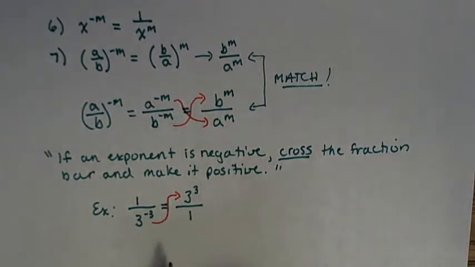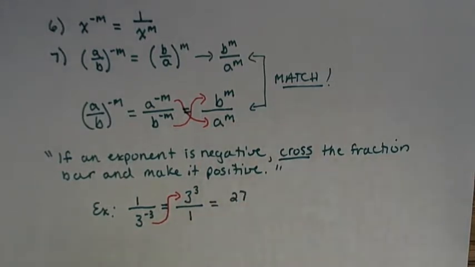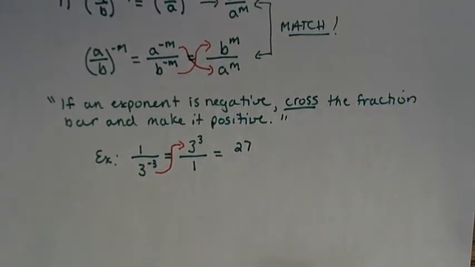Now that would leave a 1 in the bottom because I moved that up. And so this would then become 27. So it's a little shortcut that you can use to be able to simplify some of the negative exponents.